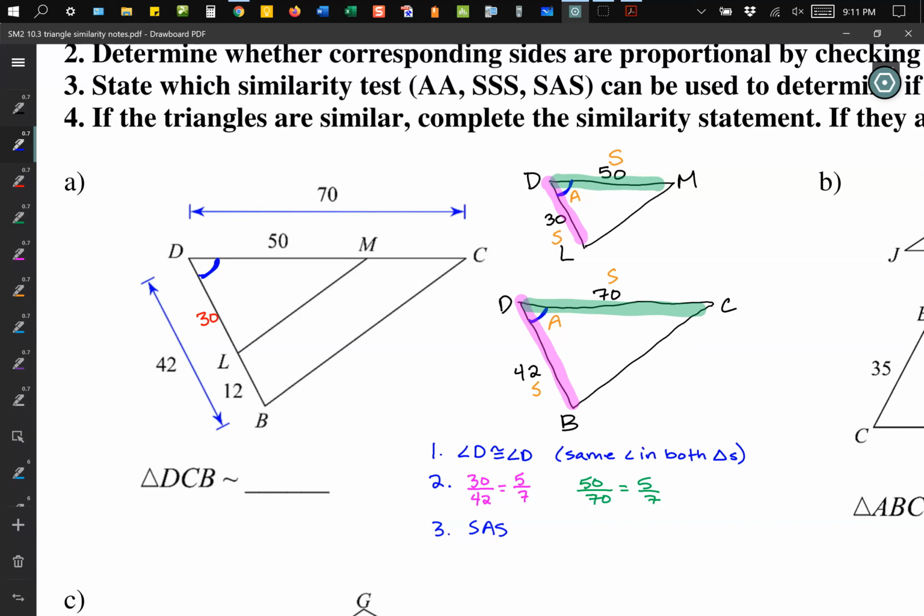And then it said, if they are similar, complete the similarity statement. So triangle DCB across the green and then the uncolored. So DCB is similar to triangle DML. Go the same direction.